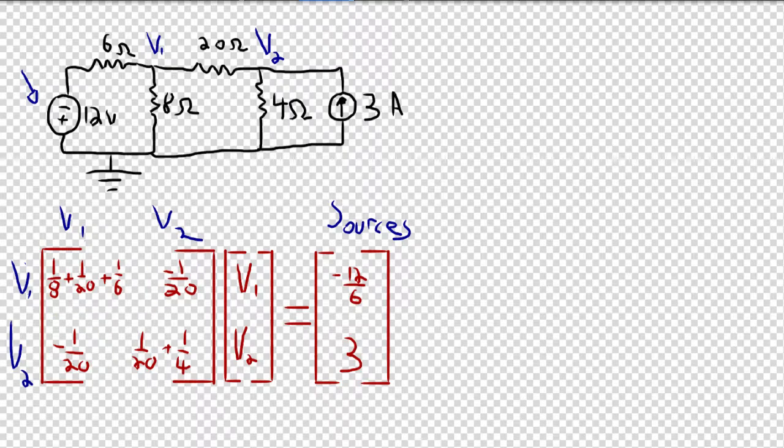So let's just do this box here first because why not? Basically, it's saying what's the conductance of the branch connecting V2 and V1, or V1 and V2, whatever.